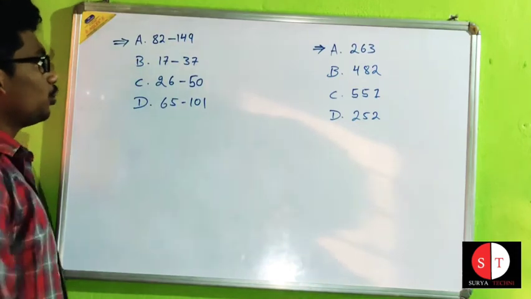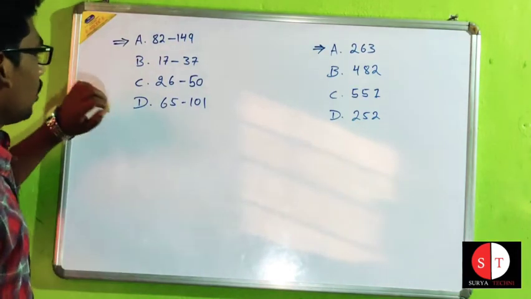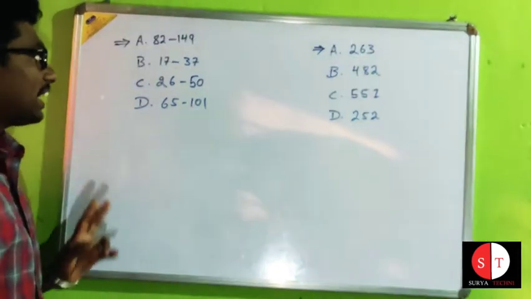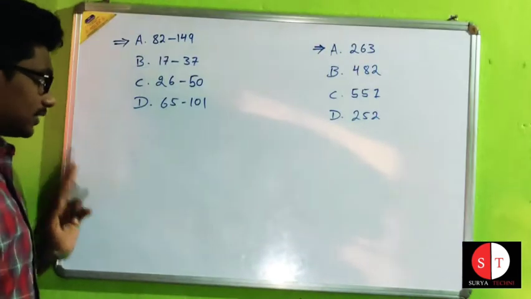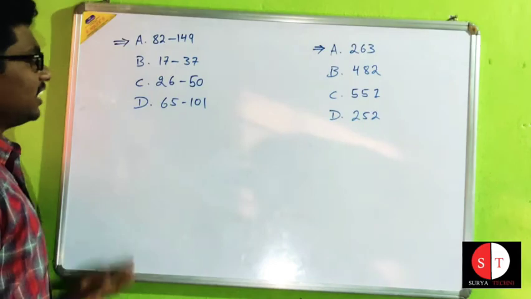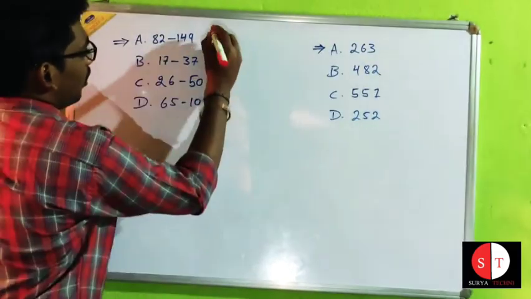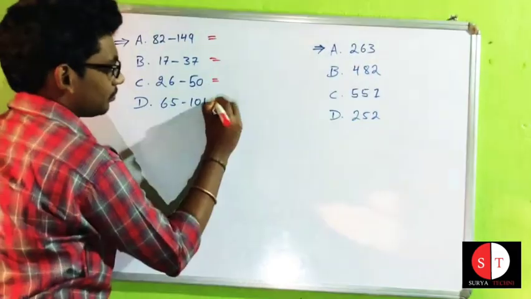Friends, now let's look at this type of question. Option A is 82 minus 149, option B 17 minus 37, option C 26 minus 50, option D 65 minus 101. Have you calculated it?